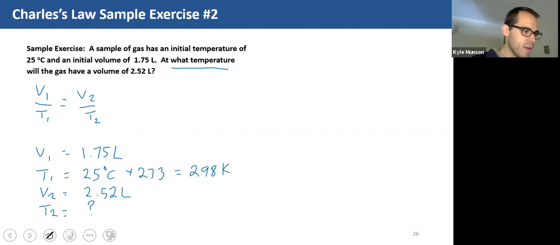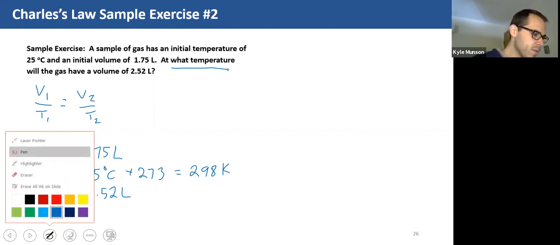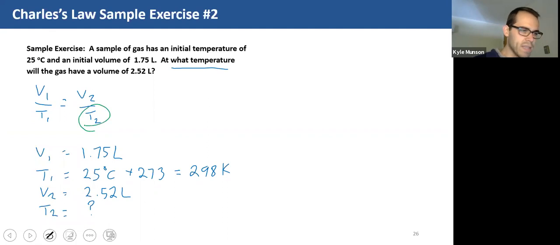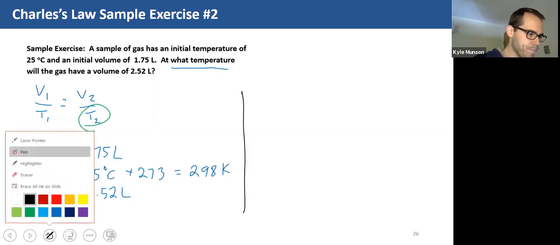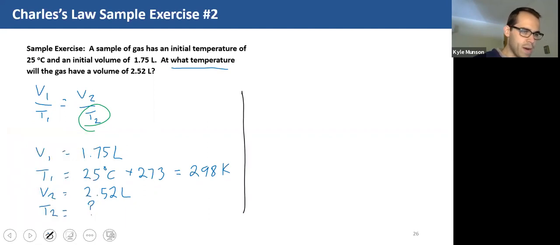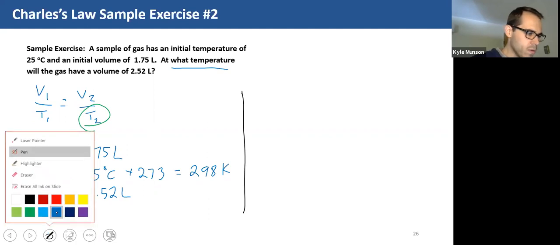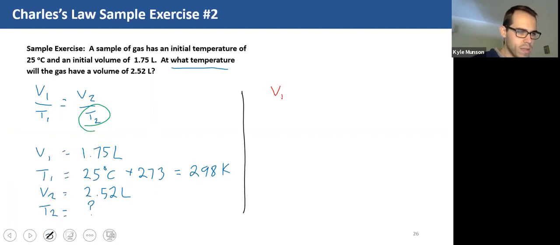Okay, so I need to get the variable T2 by itself. So I'm going to write that kind of on this side. Let me write a little bigger. So V1/T1 equals V2 over T2. I'm going to do the same approach.